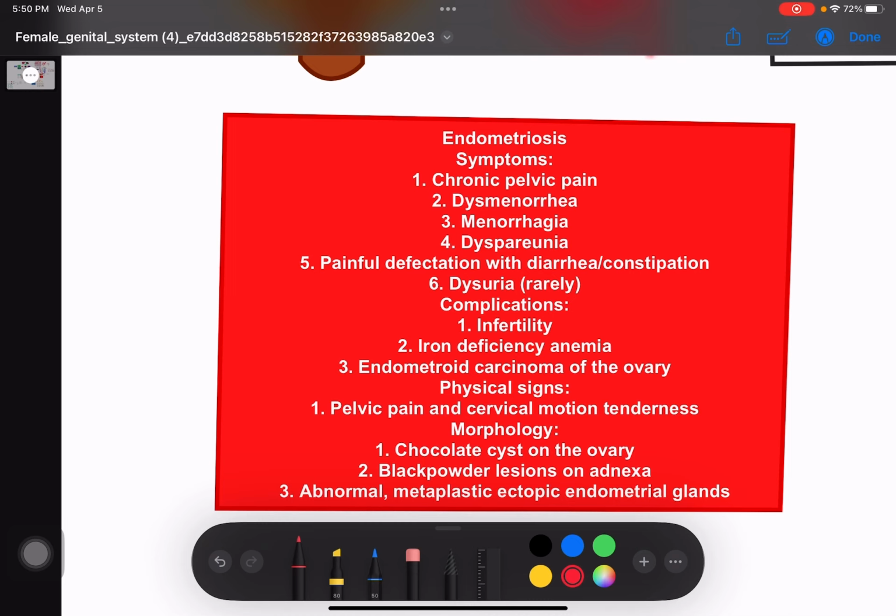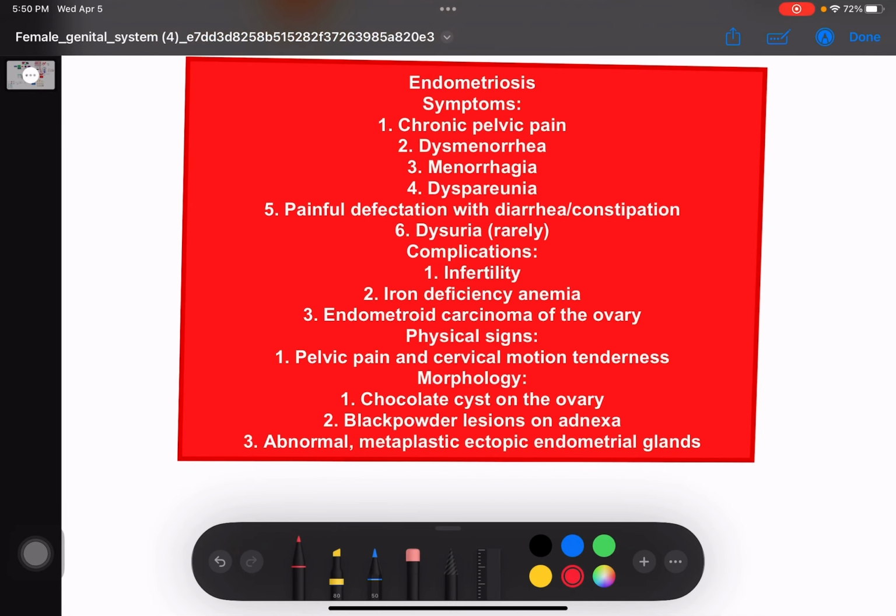So due to the blood loss, iron deficiency anemia can be caused. Endometrioid carcinoma of the ovary is also a complication of it. Physical signs: pelvic pain and cervical motion tenderness.